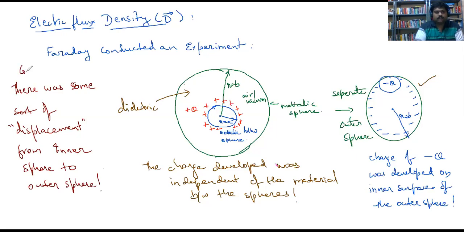So this was the conclusion of this experiment, irrespective of the material in between the outer sphere and the inner sphere. There was some sort of displacement, in quotes, from inner sphere to the outer sphere, right?